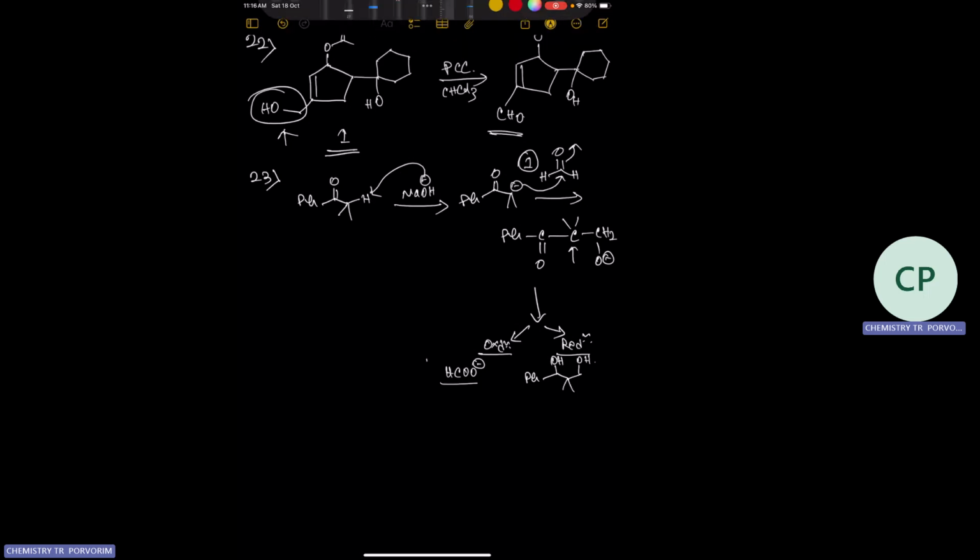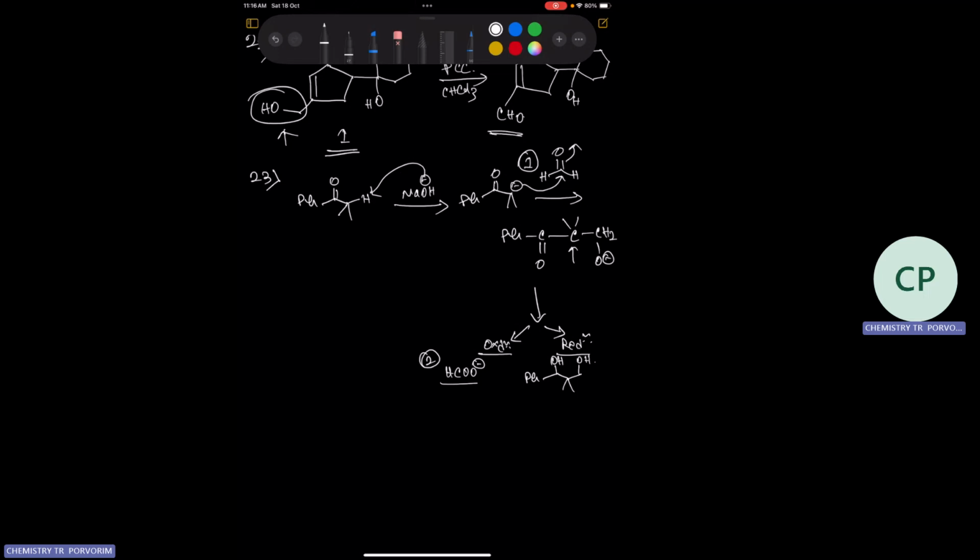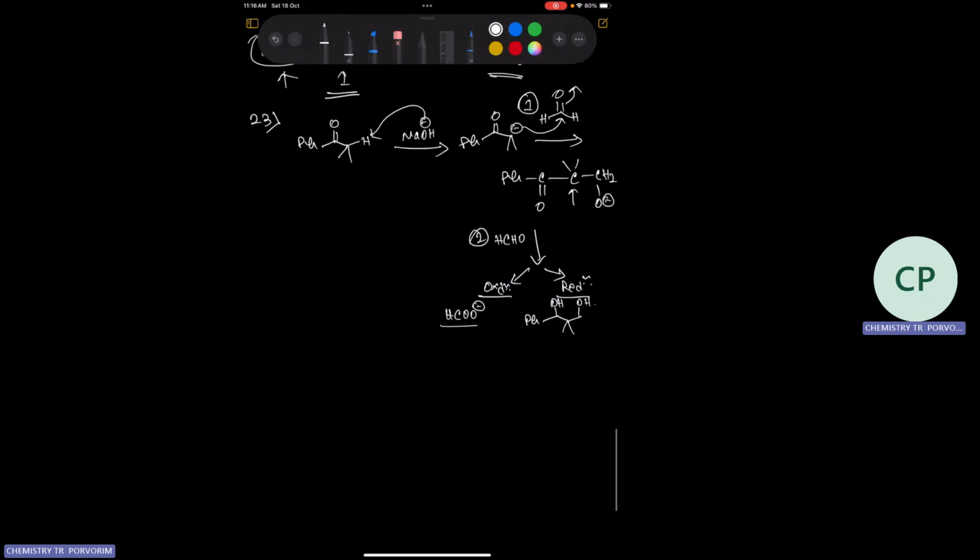This will be the second HCHO. The second HCHO is reacting with the second HCHO. We should write here the second molecule of HCHO. After that, this one reacts with another molecule of HCHO, HCH double bond O plus OH. This is another OH.